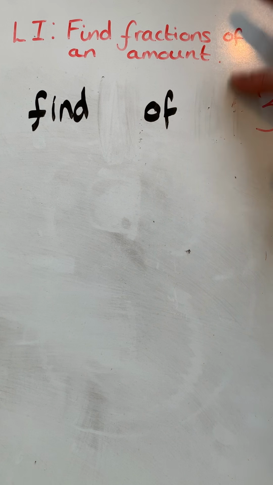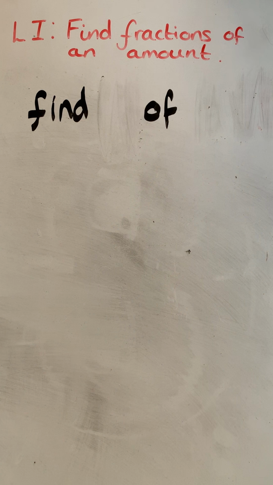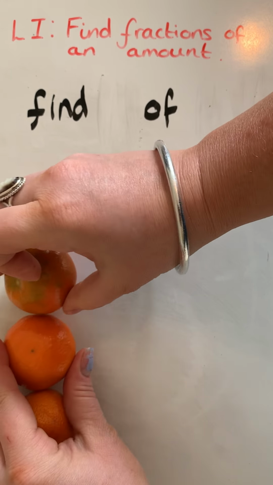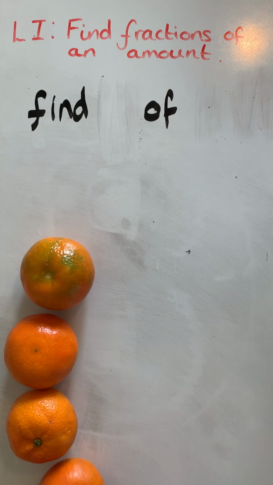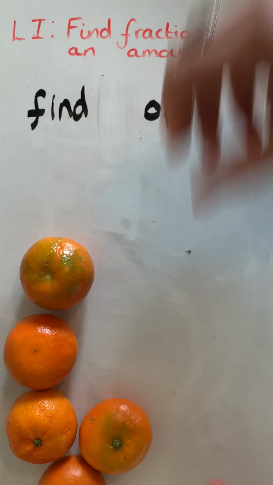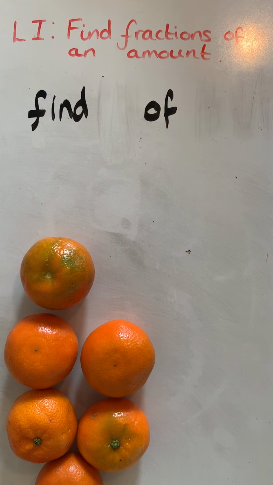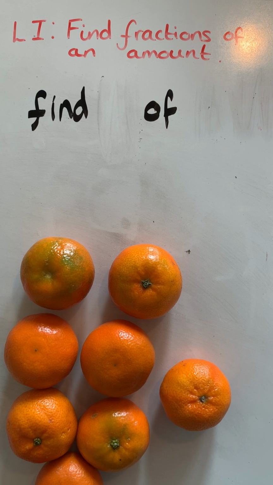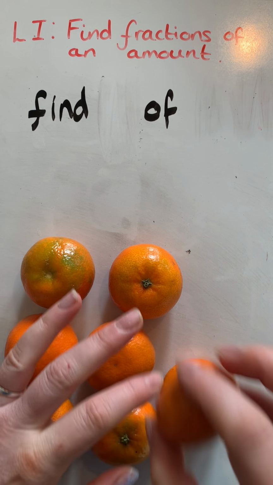And we have 1, 2, 3, 4, 5, 6, 7, 8 easy peelers. Okay, so you can just see them all there.